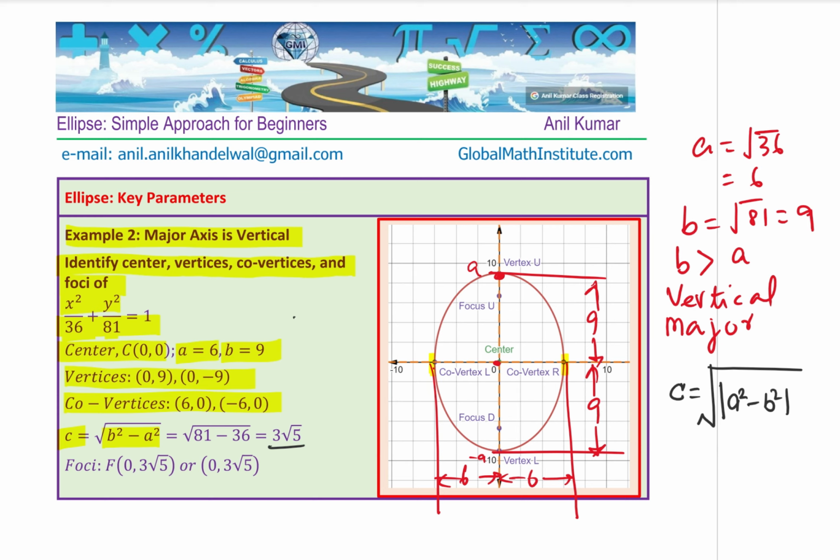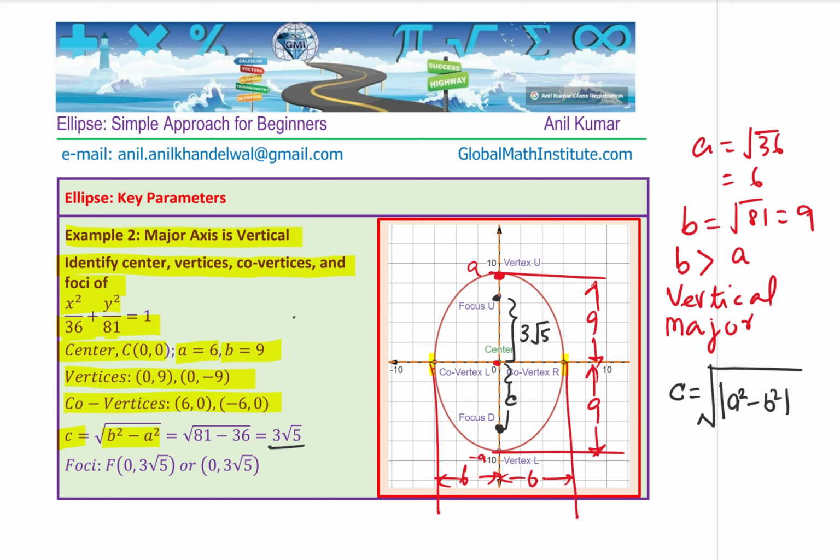And therefore, you know that this distance from here to here is 3 square root 5. Since this distance is 3 square root 5, the foci are at plus or minus 3 square root 5, since they will be c distance away. This is what we call c, small c, distance away from the origin.